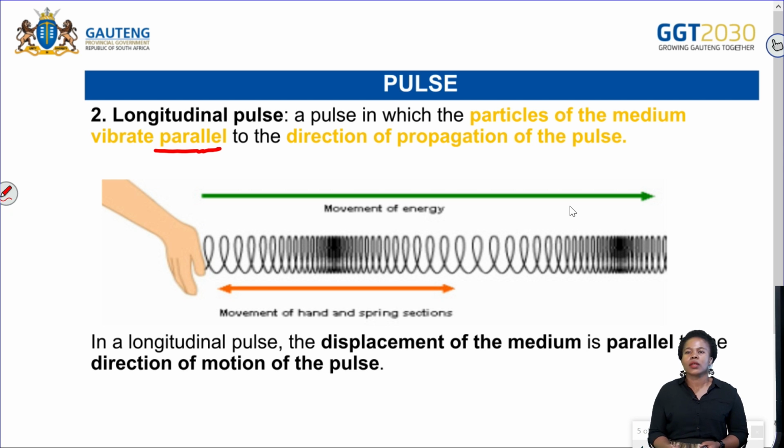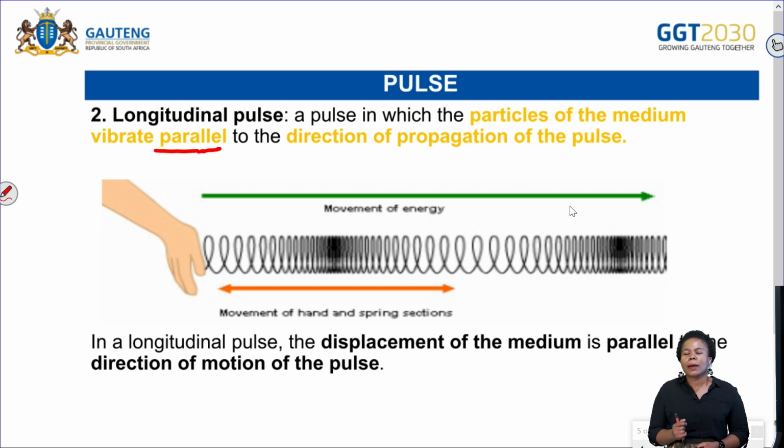How so? Let's look at this diagram. You've got the energy of the wave moving in that direction, meaning that the particles in the medium are vibrating parallel to the direction the pulse is moving. Okay, so how do we sum this up?